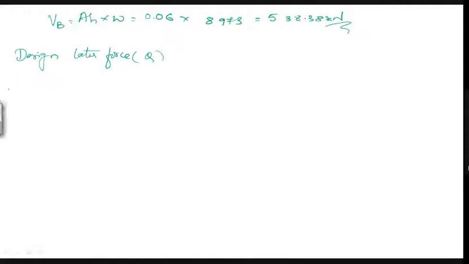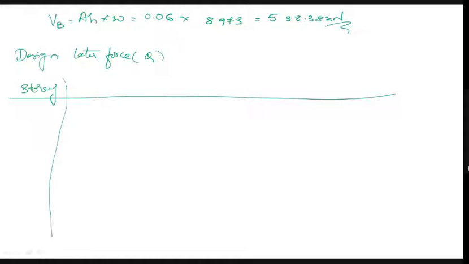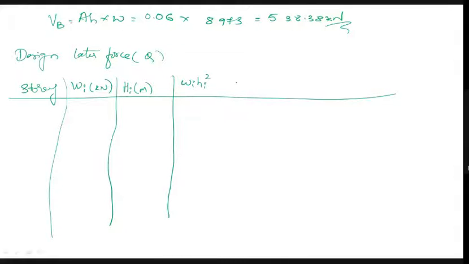That is, first one will be story, the next one will be weight at ith floor. Next we will have the height in meters. Then we will have WI HI square.